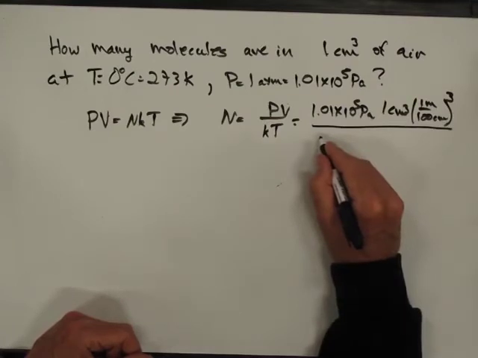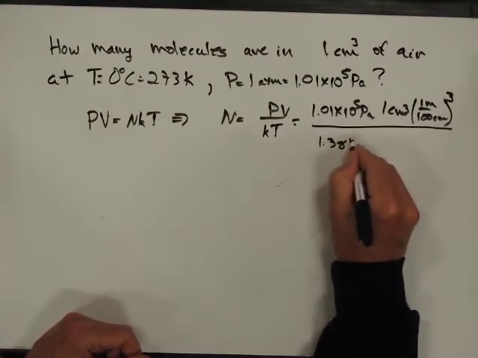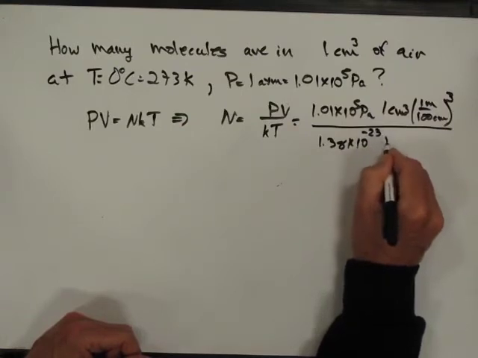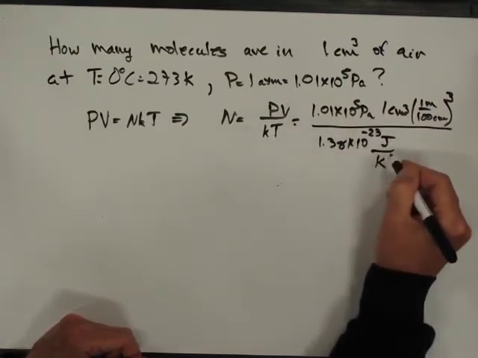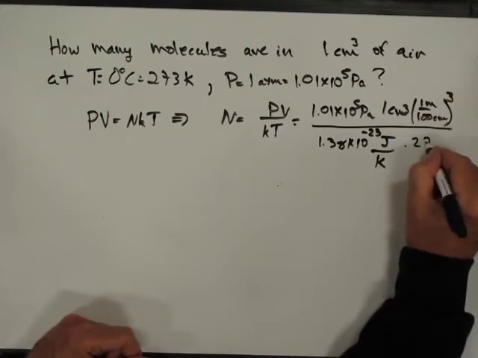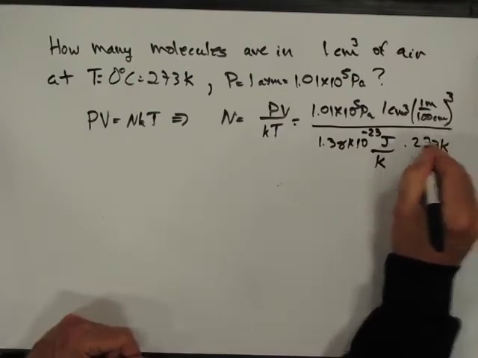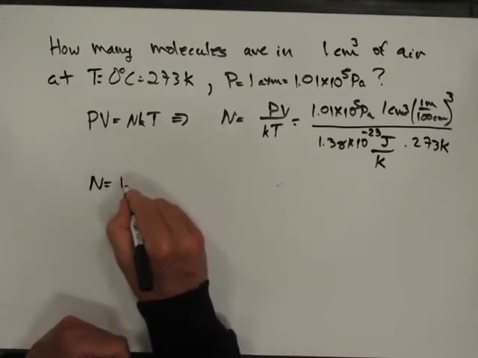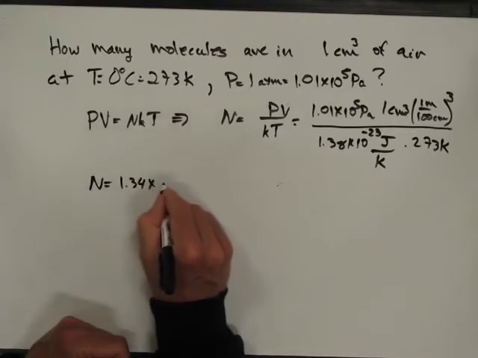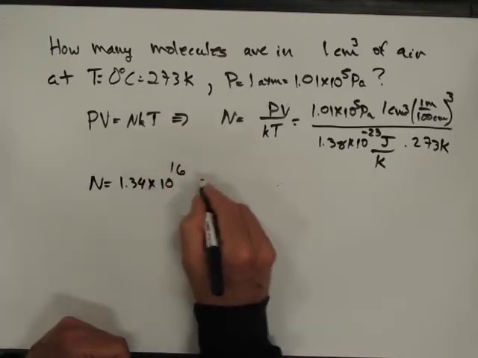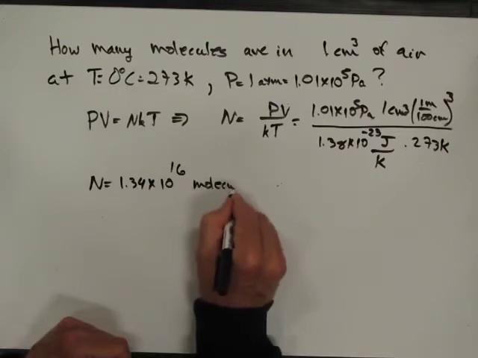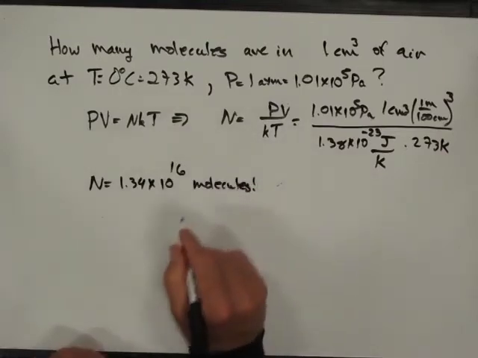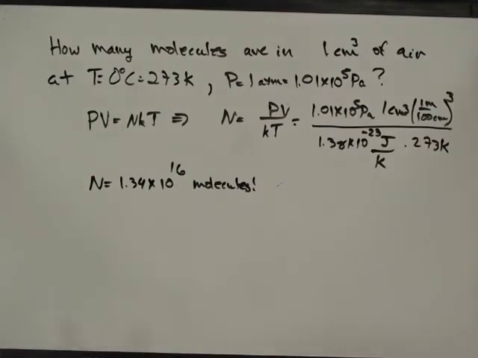And then it's 1.38 times 10 to the minus 23 joules per Kelvin times 273 Kelvin. I get about 1.34 times 10 to the 16th molecules.